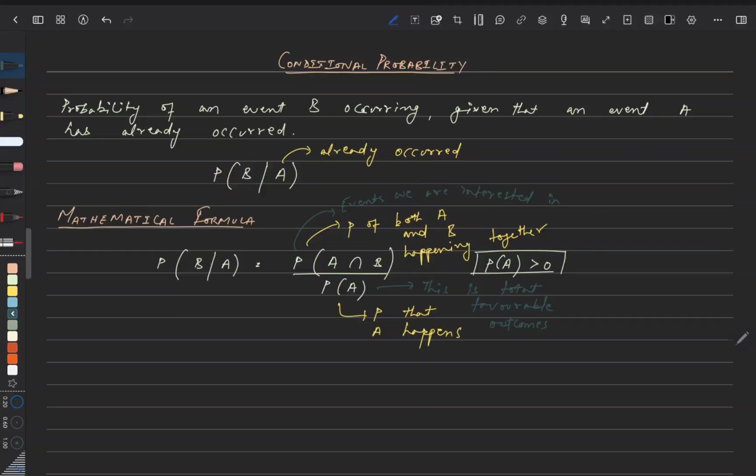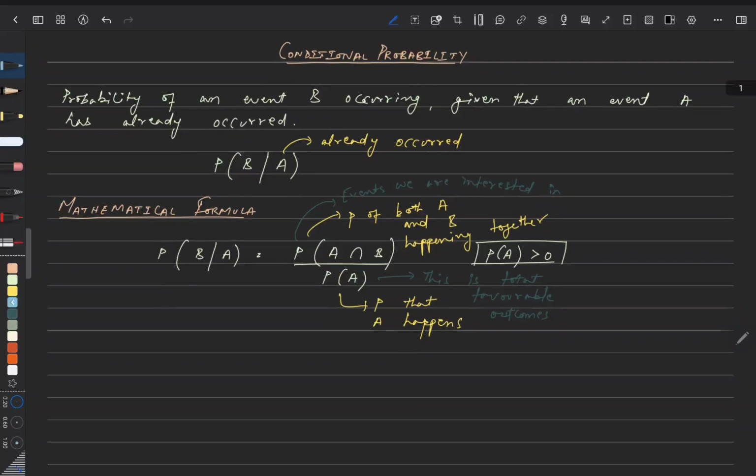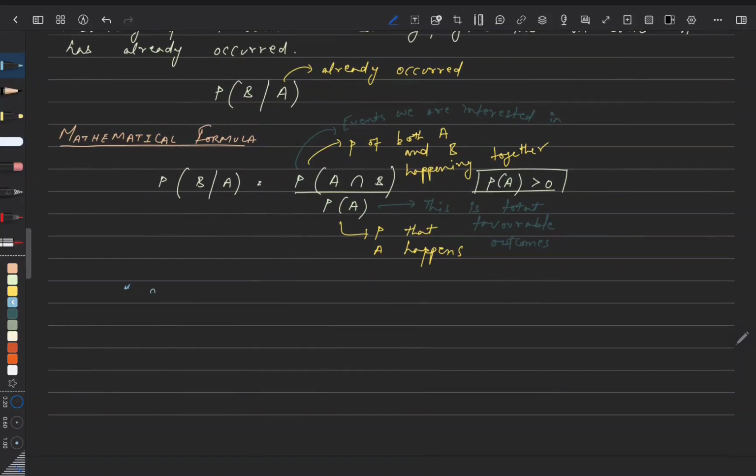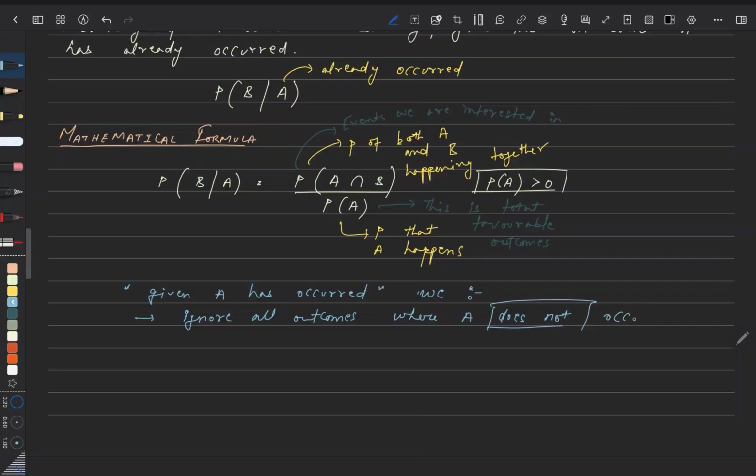Let us understand more. When we make a statement like given A has occurred, what are we really saying? We ignore all outcomes where A does not occur.